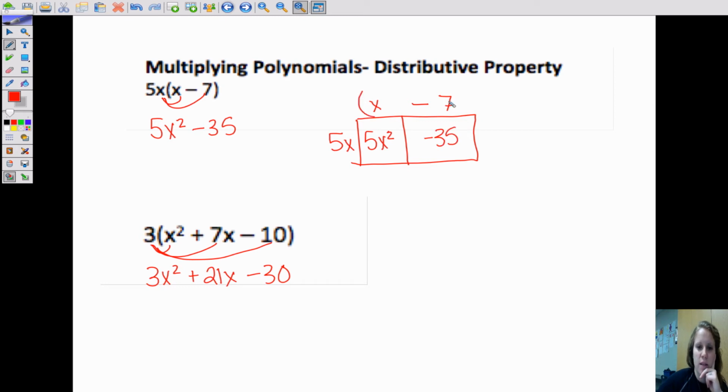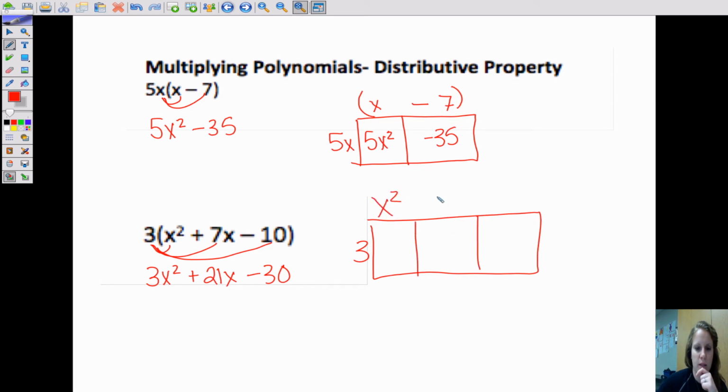So the outside, the length times the width, is what's going to be called factored form, 2 factors. The inside, the area, is going to be called expanded form. So here, if we had 3 times a box of x squared plus 7x plus negative 10, then the area here is 3x squared, the area here is 21x, and the area here is negative 30. This is kind of a preview of stuff to come.